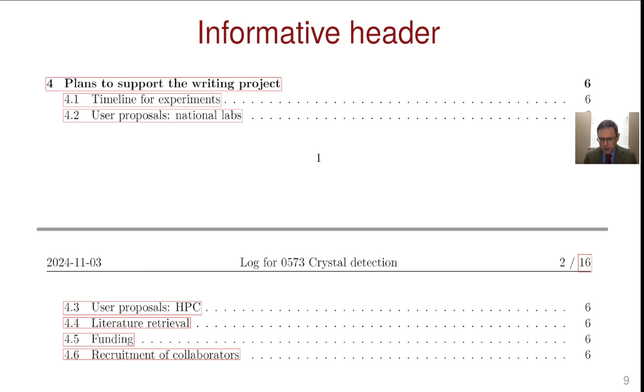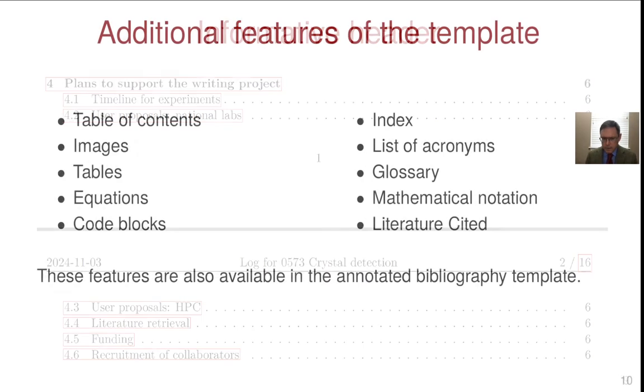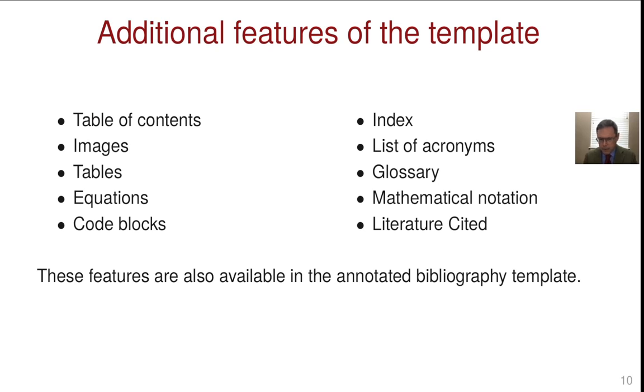You can see that the table of contents that begins the writing log is hyperlinked to the various sections. In addition to the table of contents, the log file, of course, will support various graphical objects like images, tables, equations, and code listings. I also have added to LaTeX support for index, list of acronyms, glossary, mathematical notation, and literature cited.